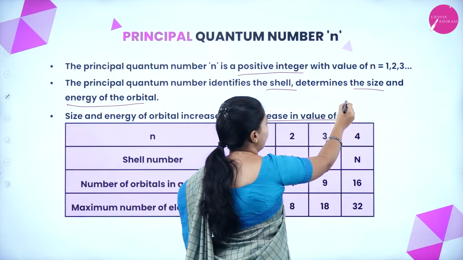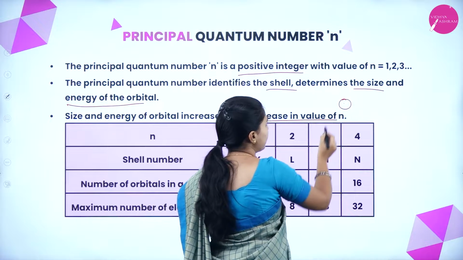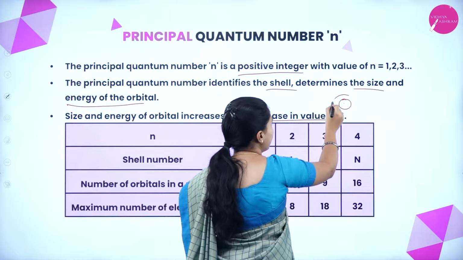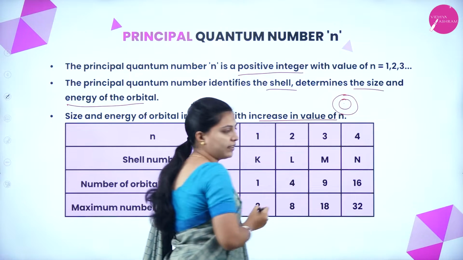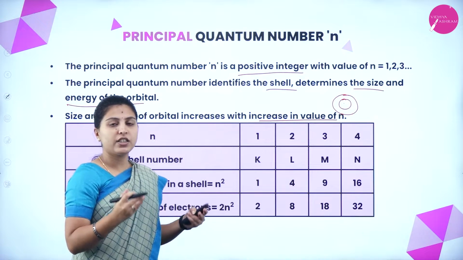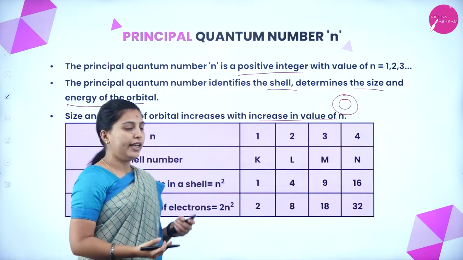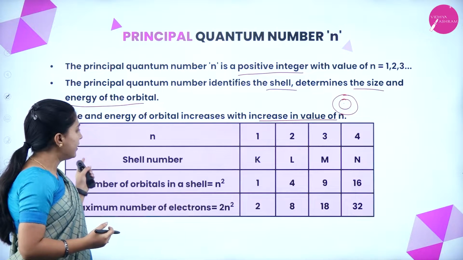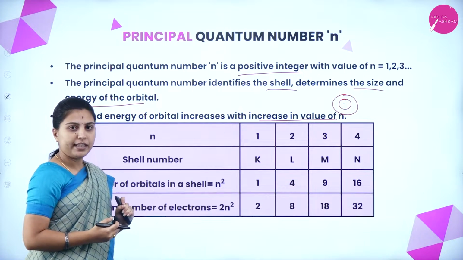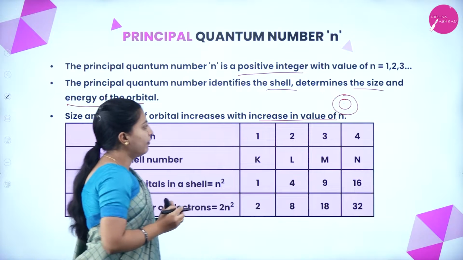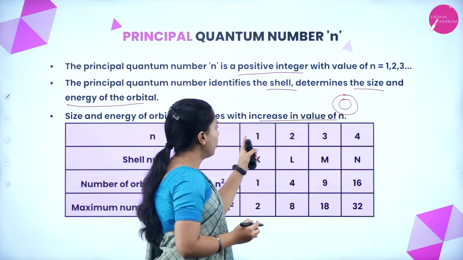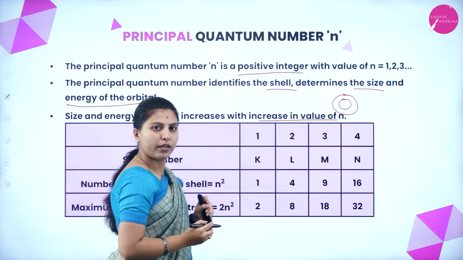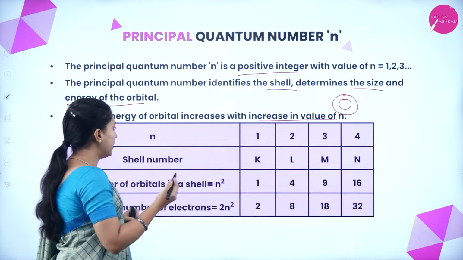If n1 has this much size, n2 has this much size. Then the size increases, and automatically the energy also increases. This is the overall representation. Here we have considered 4 levels, 1, 2, 3, 4, and it will keep on continuing.